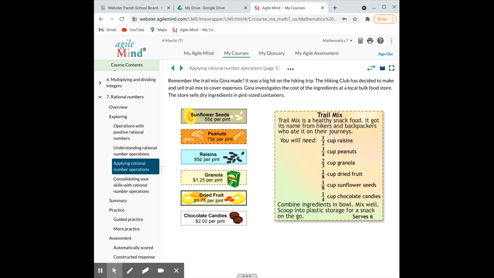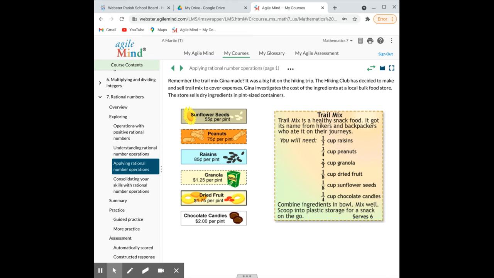Good job. All right, so looking at this, it shows that we have our trail mix, and it says trail mix is a healthy food snack. It got its name from hikers and backpackers who ate it on their journeys. So you notice the amount that's in each one. We know that the ingredients, when they are combined, serve 6 people.